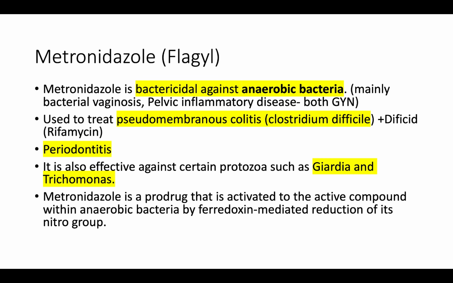This is our second drug, with clindamycin usually given for anaerobes.